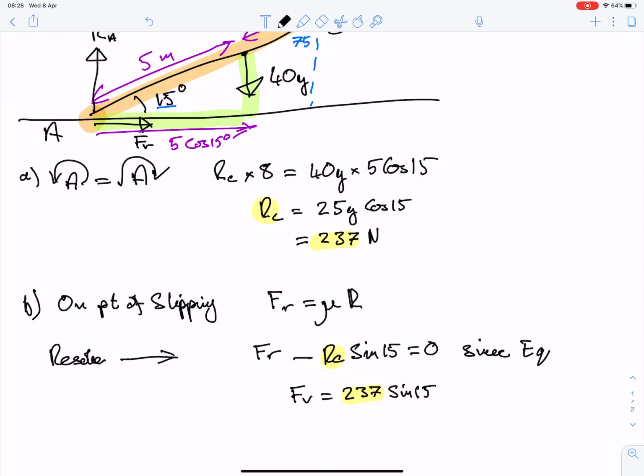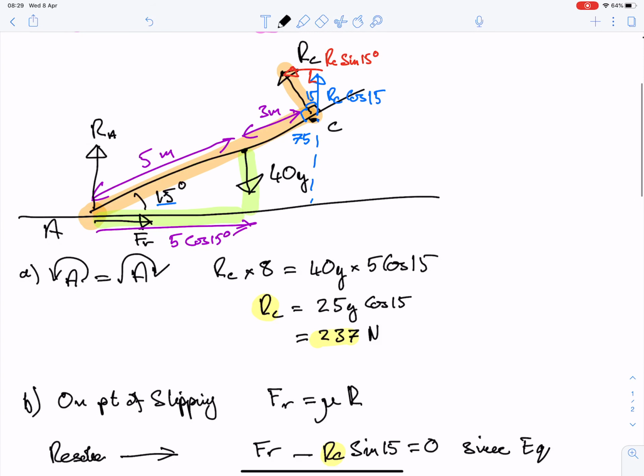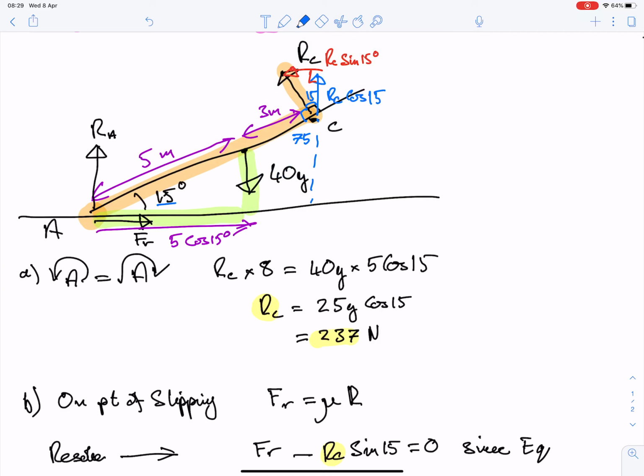Okay, so the normal reaction R we're going to have to resolve vertically. And I think we've done most of the work for this already. So if we look vertically, what have we got on here? So if we look at the vertical bits, we've got RA, we've got the 40G, and the RC cos of 15.